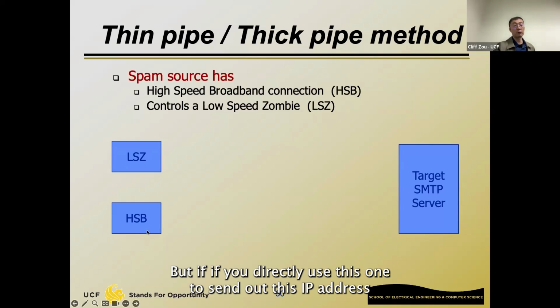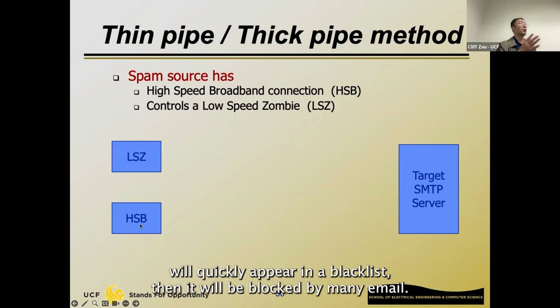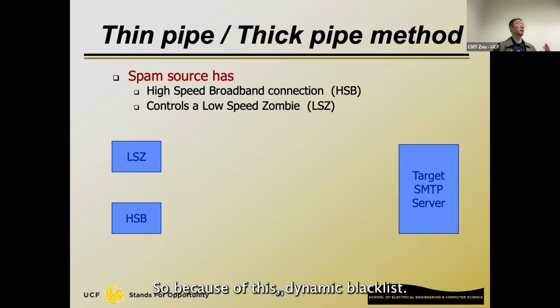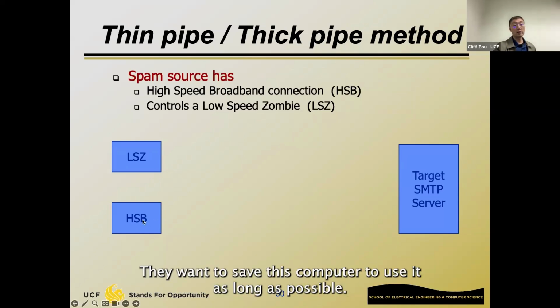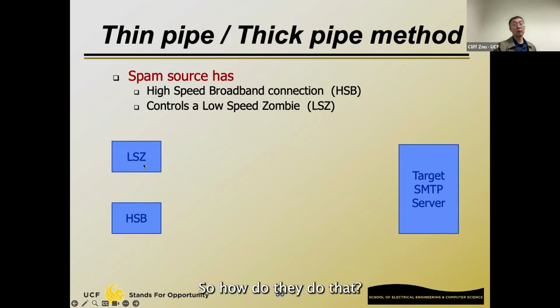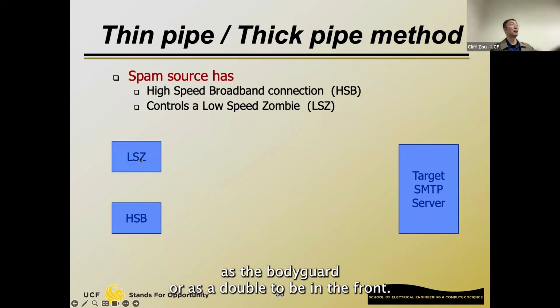But if you directly use this one to send out, this IP address will quickly appear in the blacklist. Then it will be blocked by many email servers because of this dynamic blacklist. So the attacker doesn't do that. They want to save this computer to use it as long as possible. So how do they do that? They use this low-end computer as the bodyguard, or as a double, to be in the front.